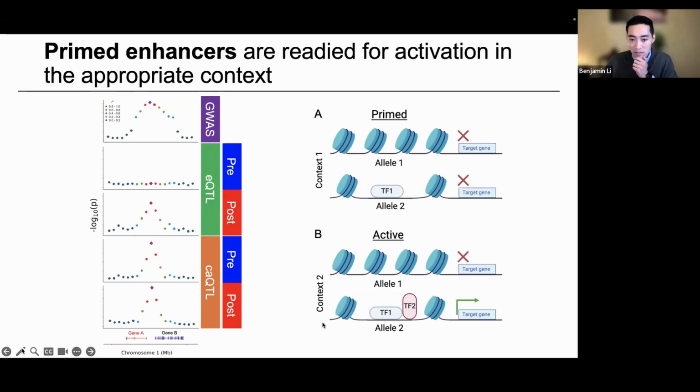But only in a specified context, again, this is a model, perhaps a context-specific transcription factor, TF2, may come in, bind to this regulatory region, and then the target gene's expression is increased, and we can appreciate both an EQTL, but also have a new way of understanding the regulation for this target gene.